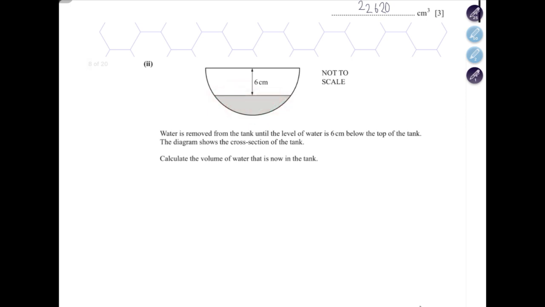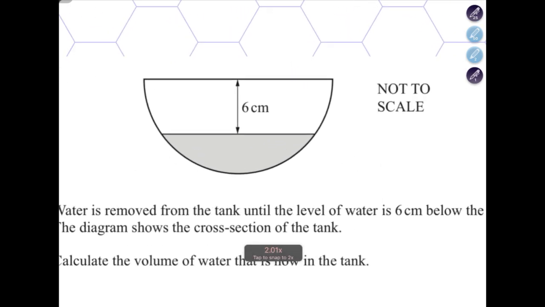So what do we do? We have to divide this shape into shapes for which we can find areas and volume. So to do that, let's divide this into a triangle. Now if you see, this shape is like a sector. To make it easier, we can label it.